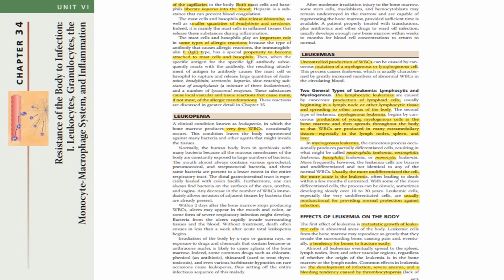Leukemic cells from the bone marrow may reproduce so greatly that they invade the surrounding bone, causing a tendency for bone to fracture easily. Common effects of leukemia are the development of infection, severe anemia, and bleeding tendency caused by thrombocytopenia.